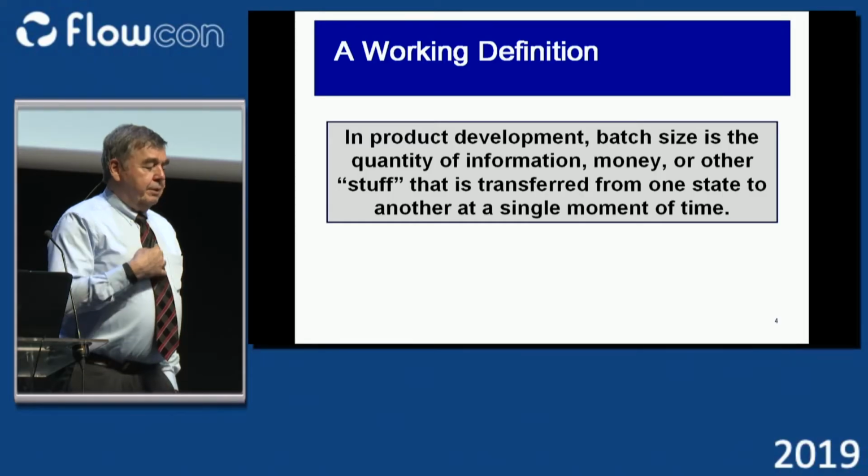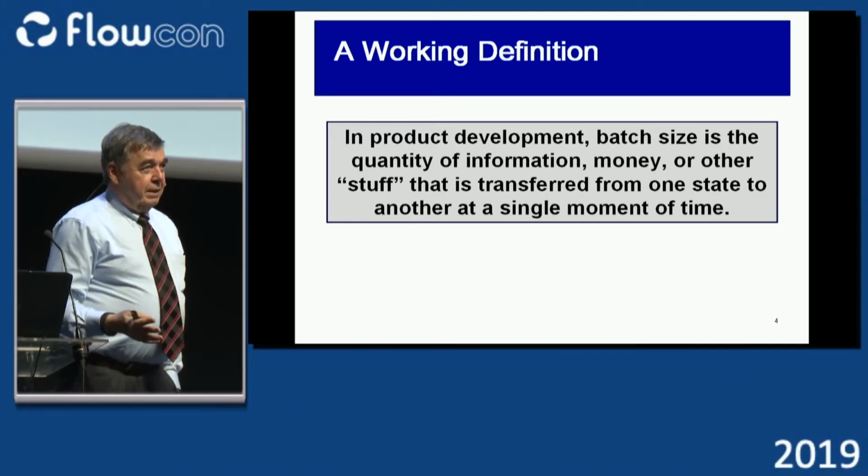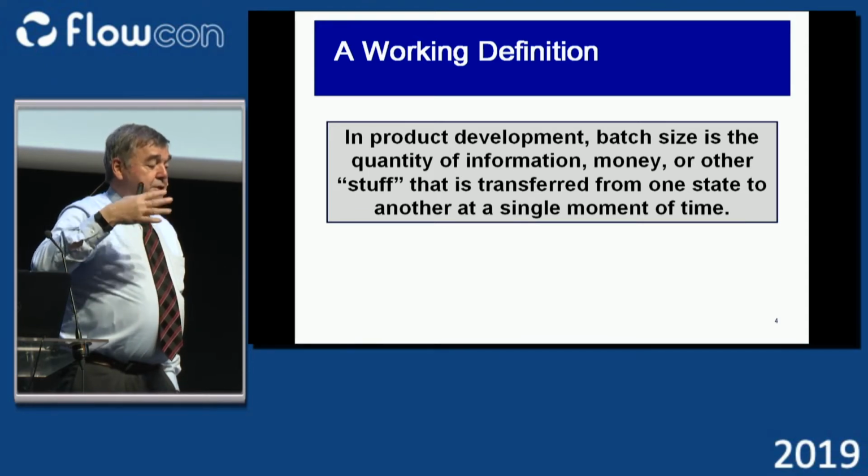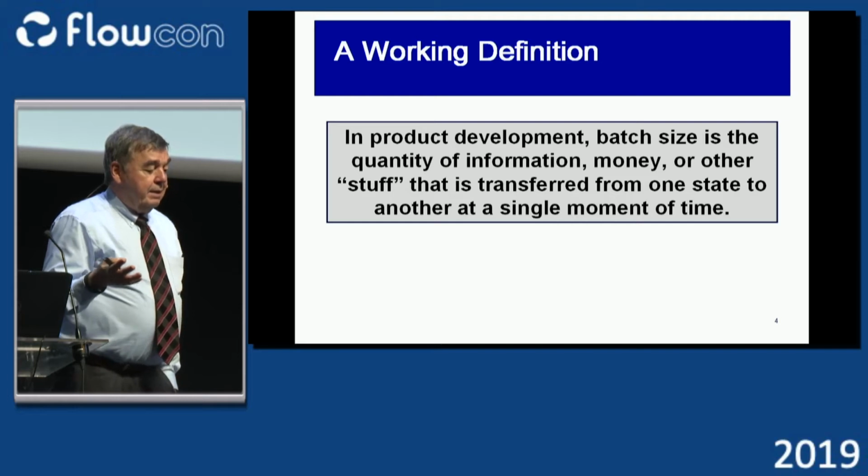We'll start with just the way I think of batch size, because I think of batch size as being associated with both transfers of information. I think of it as being associated with spending money in programs.